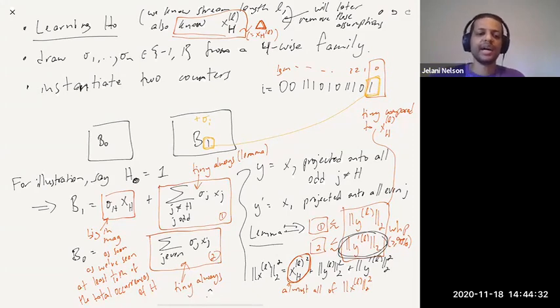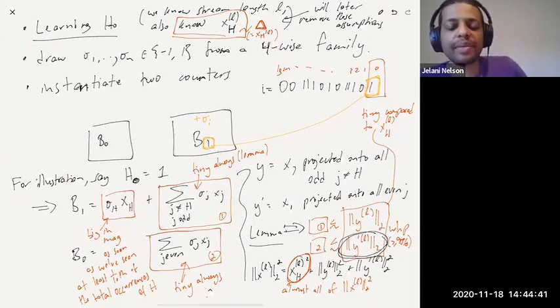Why? Because it's a large thing plus a very small thing. Yes, the small thing might have an opposite sign and cancel a little bit of the large thing. But the large thing is so large compared to the small thing that it's not going to push it below delta over 11.